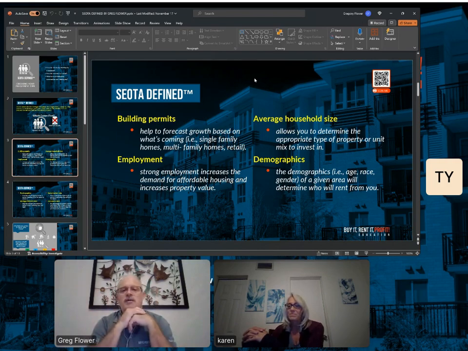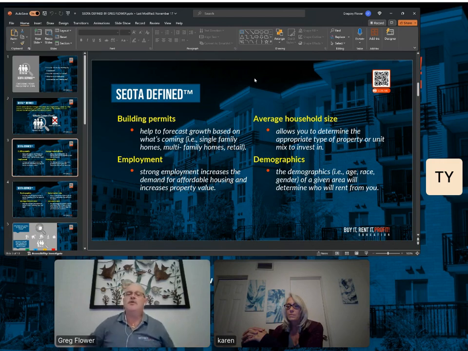You want to look at employment. You could go right into City Hall and find out the employment. You can go into city data right on your computer, and you can look up employment statistics. You can also go directly to the city websites or the town websites or the county websites, and you can find a whole bunch of information. That's how I find the millage rates for all these areas.